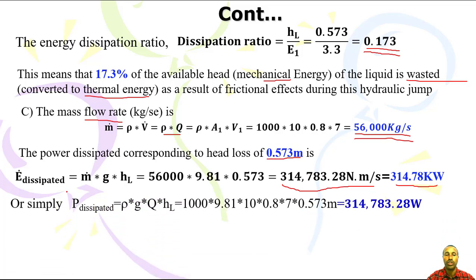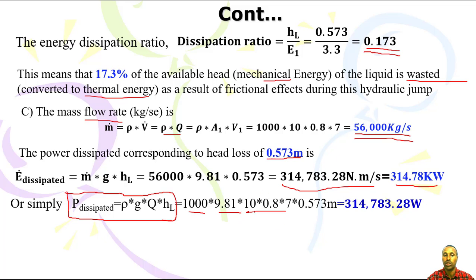Or simply, you can use this equation: power wasted is equal to rho g Q times head loss. If you multiply this, 1000 times 9.81 times Q, the flow rate, which is given, then this is 10 times 0.8 times 7.